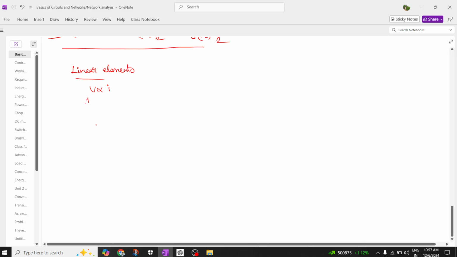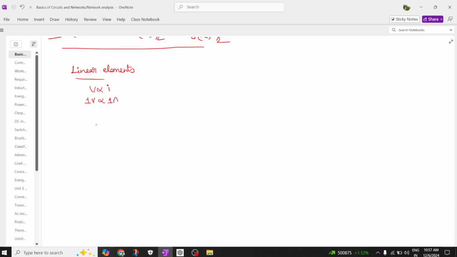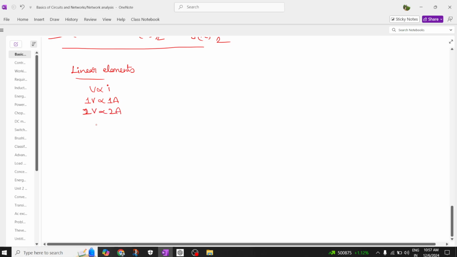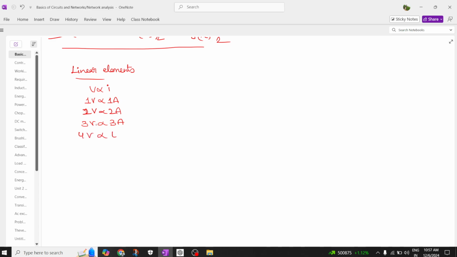For example, you applied a voltage of 1 volt, the current developed is 1 ampere. You applied 2 volts, the current developed is 2 amperes. You applied 3 volts, the current developed is 3 amperes. You applied 4 volts, the current developed is 4 amperes.